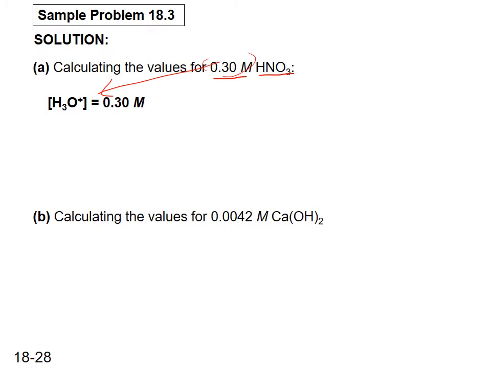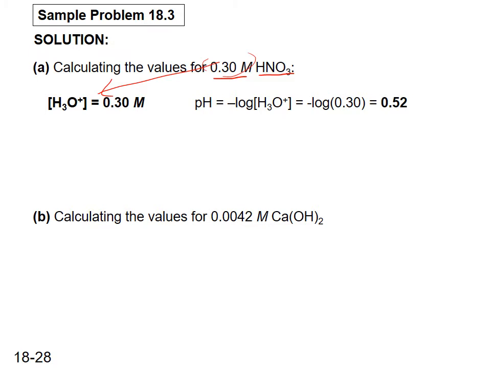Because if it's strong acid, then this is the way to calculate. If it's weak acid, then we'll learn later a different way to do it, okay? And so with the hydrogen ion concentration, we calculate the pH, which according to definition is negative log hydrogen ion concentration. Use your calculator, you get 0.52.